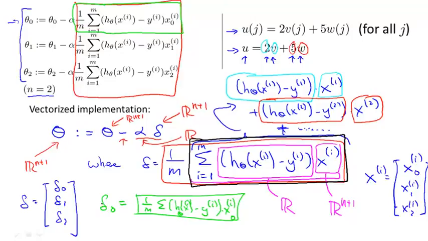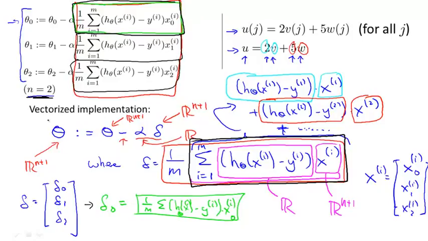And concretely, if n equals 2, the 3 elements of delta correspond exactly to this thing, the second thing, and this third thing, which is why when you update theta according to theta minus alpha delta, we end up carrying out exactly the same simultaneous updates as the update rules that we had on top.